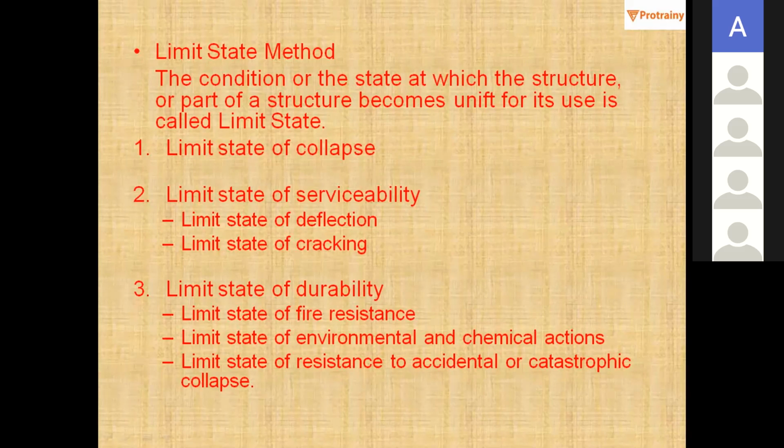This kind of slab will not be user friendly. So after attaining the limit state of collapse, we need to make sure that the limit state of deflection is also attained. This goes for slabs as well as for beams, and any element which bears its load by virtue of flexure.